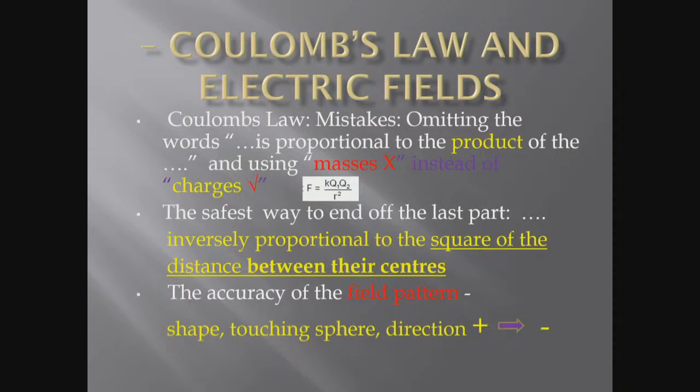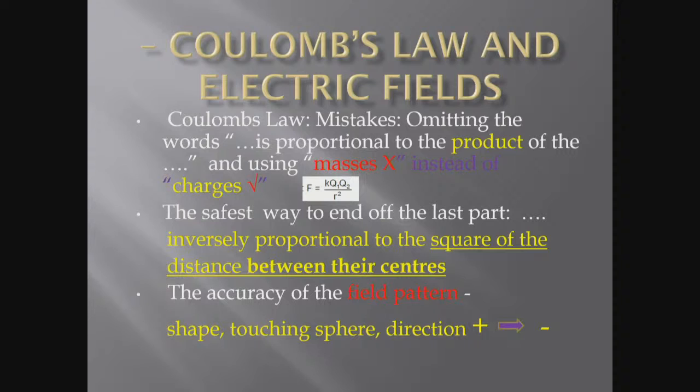Then field patterns are also one of the questions asked, and normally it's a level 2 question, so it's a question that is supposed to help the learner at least to get some marks. Many a time learners lose marks unnecessarily because of a shape that is really inaccurate.